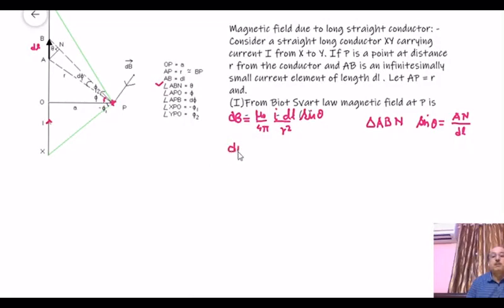So we may use this value of sine theta in the Biot-Savart equation. So dB will be equal to mu naught by 4 pi, I dl upon r square, into AN upon dl. Now dl cancels out.